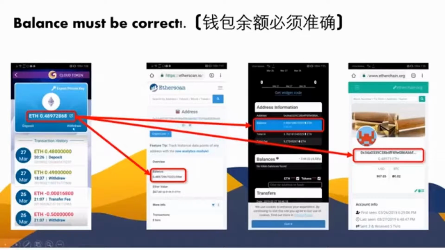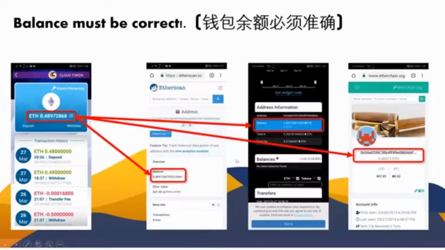It's supposed to be the same. And you look at ETH Explorer and Etherchain. They all show you the same number here, except for Etherchain, which rounded up, because it's 8 here, so they rounded up to 3.